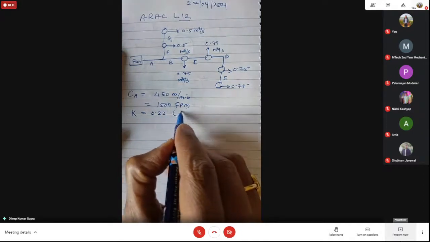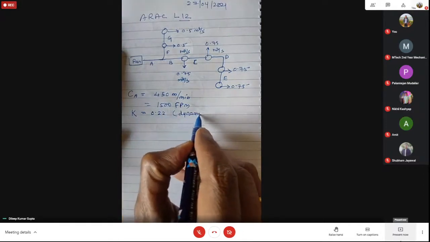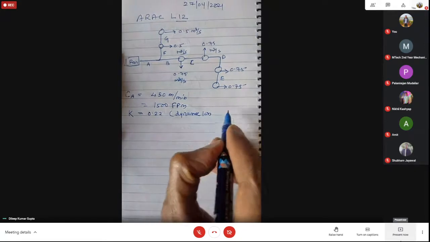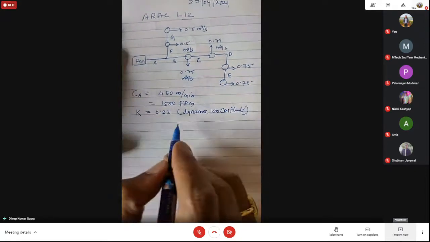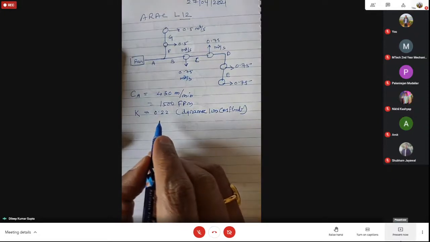This is called the dynamic loss coefficient. What is this? You may have studied it in fluid mechanics also.